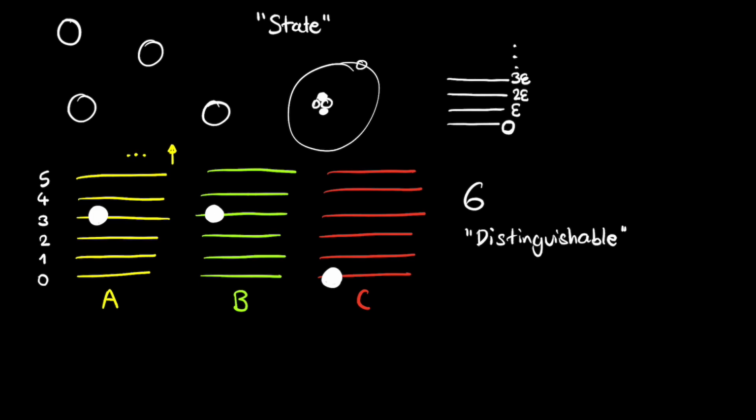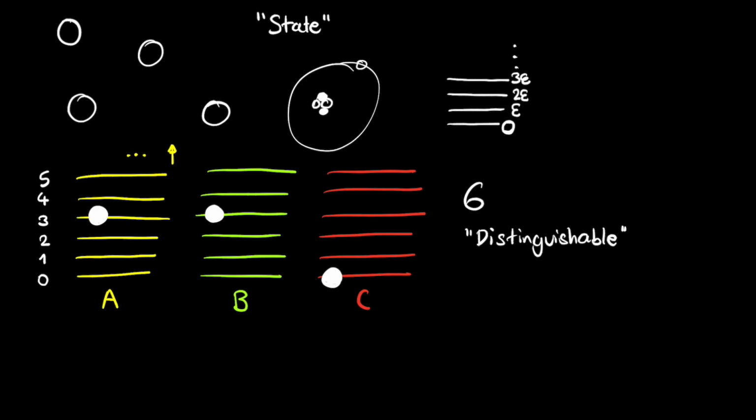We'll come on to what that means a little later, because this concept becomes very important when it comes to quantum mechanics, because quantum mechanics says that particles are fundamentally indistinguishable. But for now, we're still in the classical realm. We're going to assume these particles are distinguishable. So how many ways are there of distributing 6 units of energy amongst 3 systems?